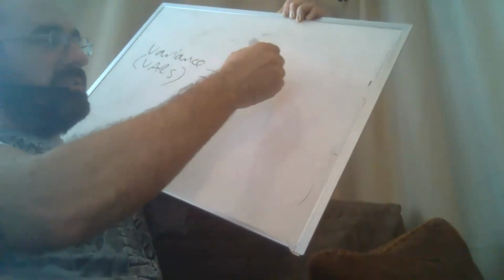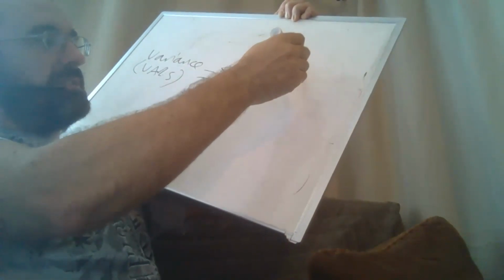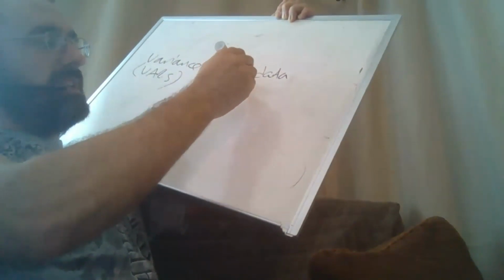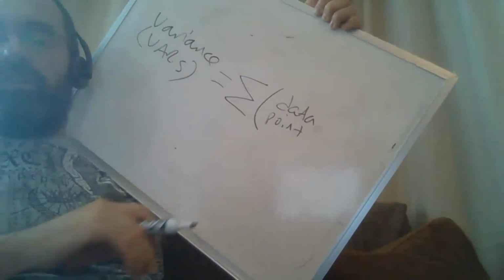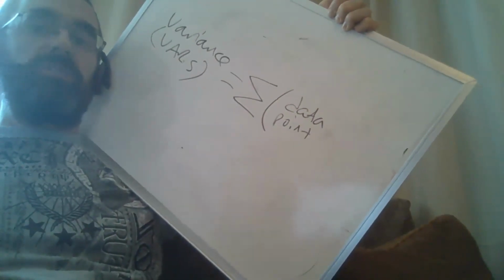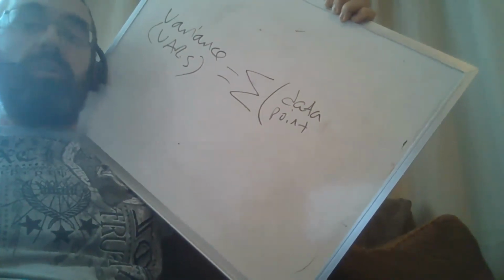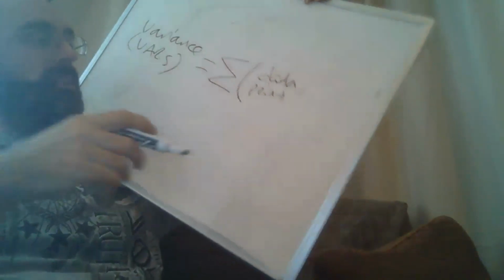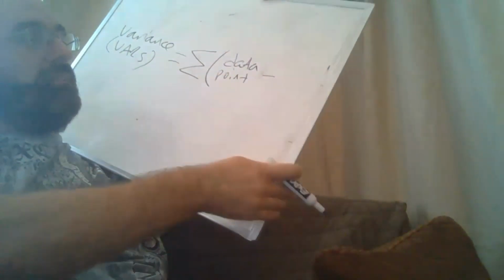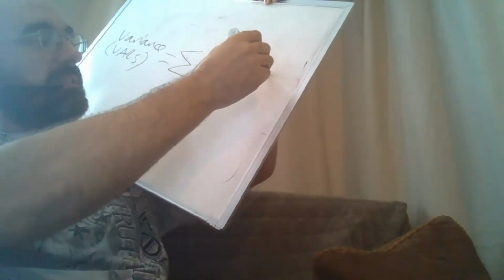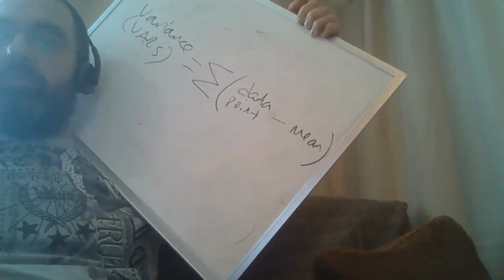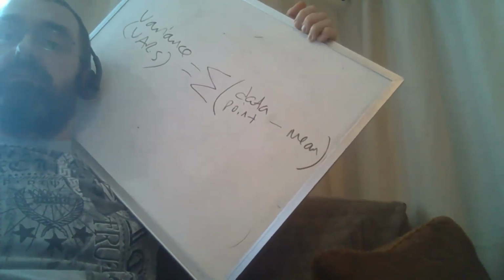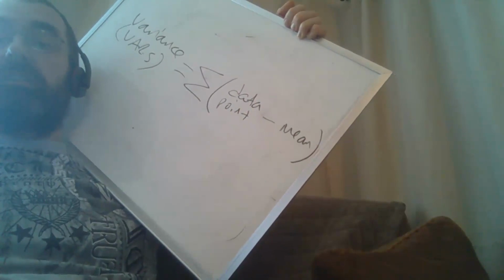So what you've got is, let's write it up rather than using symbols, because sometimes that is easier. Right, so you've got your data points. These are like the individual heights. So one height might be 185 centimeters, let's say. Then you subtract the mean, whatever mean you've calculated for that particular set of data.